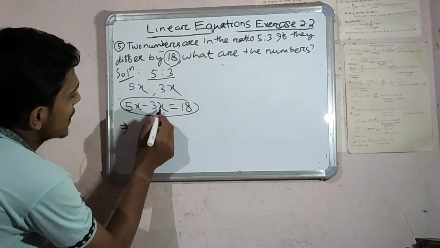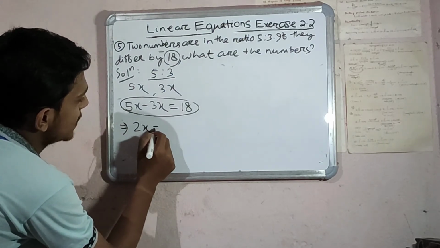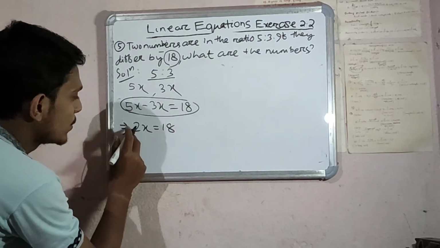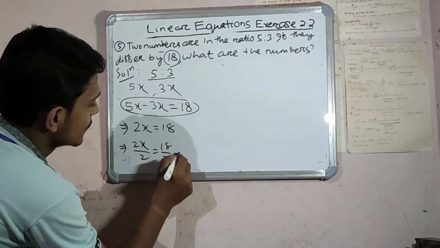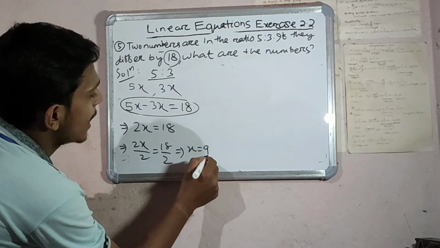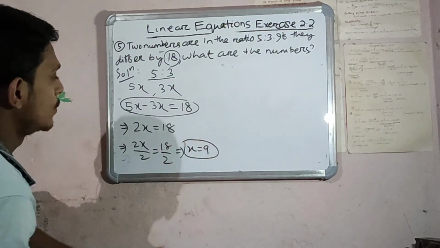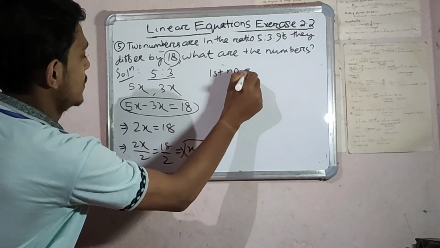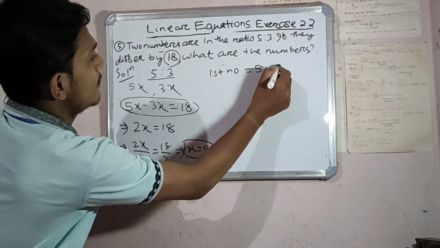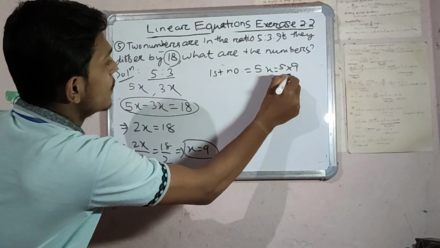That implies 5x minus 3x is equal to 2x, that is 18. So I remove 2 from 2x, that is I divide by 2 on both sides, that is x equal to 9. What about the numbers? The first number is 5x, that is 5 multiplied by 9 to give 45.